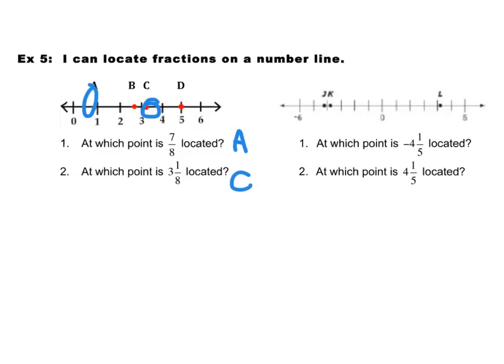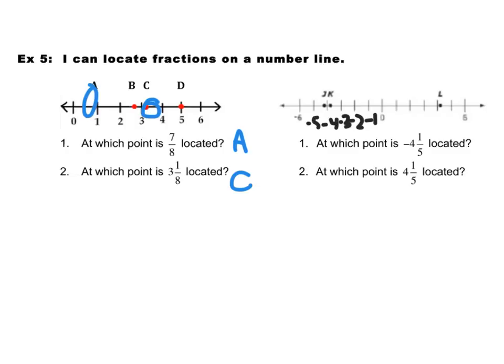Now let's take a look at the second number line. At which point is negative 4 1/5 located? First of all, each one of these is broken up by ones, so we've got -1, then we've got -2, -3, -4, and -5.